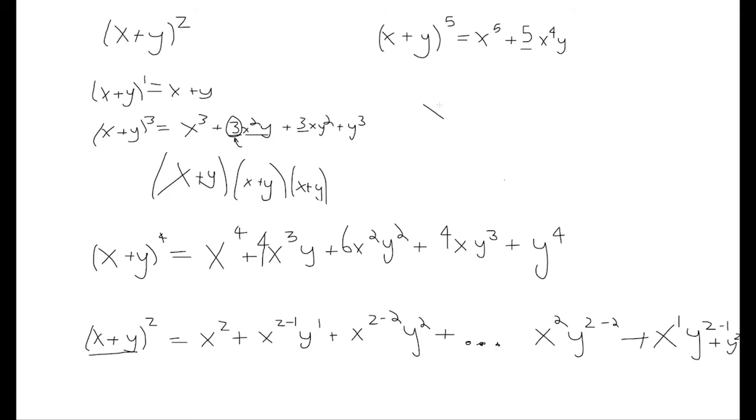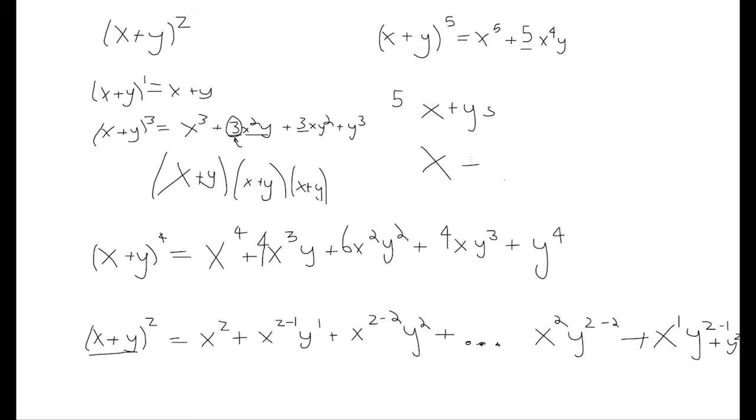So if we have 5 x plus y's, then we choose one of them to be a y, right? And then the rest would be x's. We want to find out how many different ways we can do that. Well, there are going to be 5 different ways to do that, because we can pick any of the 5 x plus y's to be y, right?